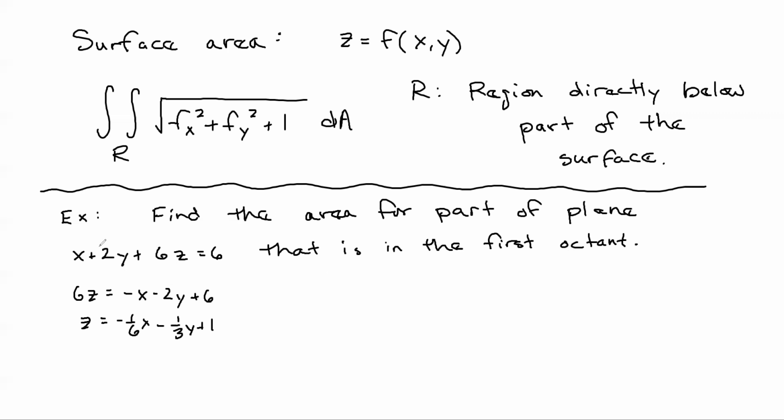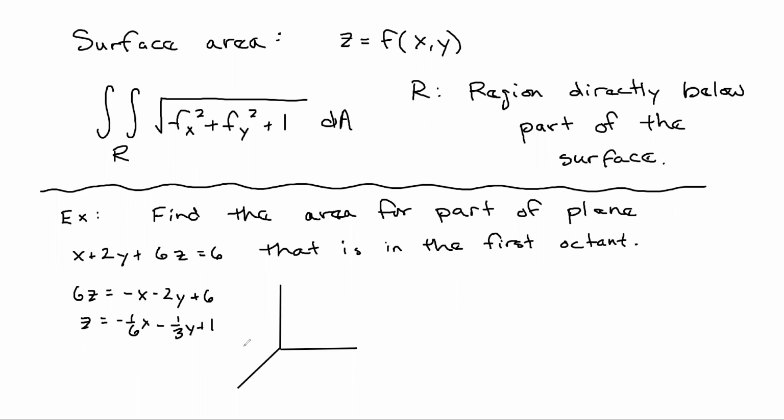That's really not enough information for us to figure out what region is directly beneath our surface without doing a sketch or something. So I would sketch the object. In a previous video, I discussed how some people don't like to sketch the object. I will show you a way to do it without sketching, but I don't think the object is especially difficult to sketch, so I recommend at least trying it.